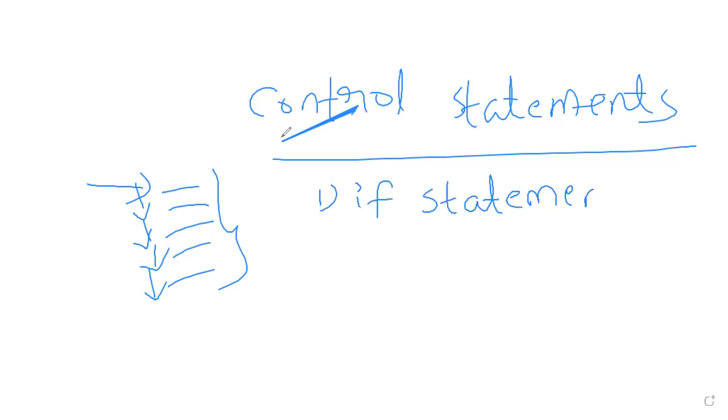It is one type of control statement. It is similar to the conditional operator, which we discussed in yesterday's class. The same functionality is there, but somewhat different. We'll see the difference. The second one is the switch statement.